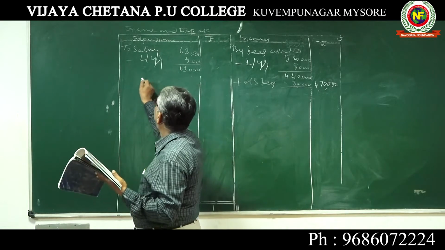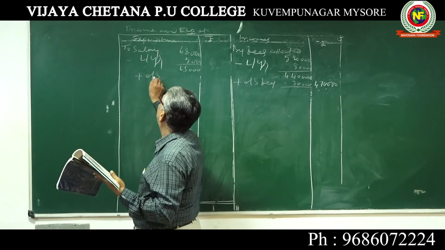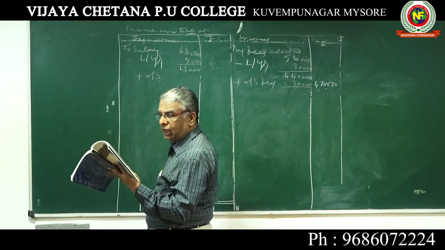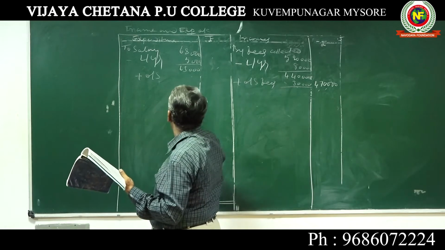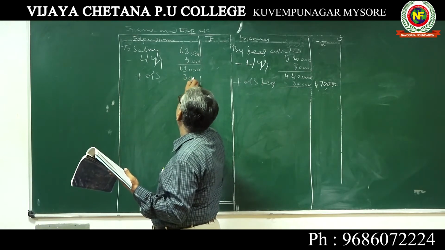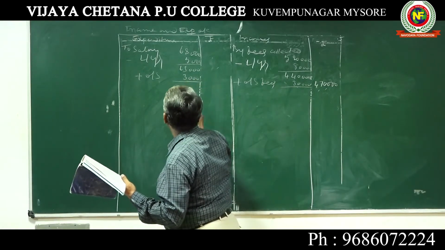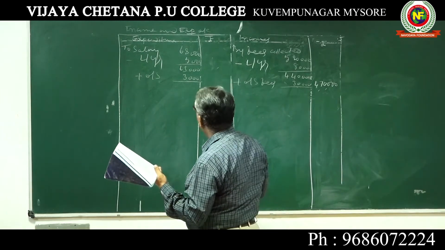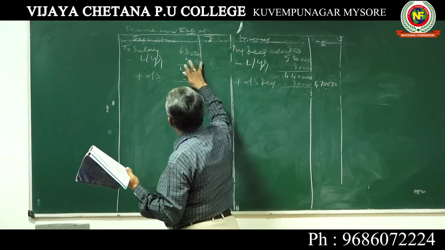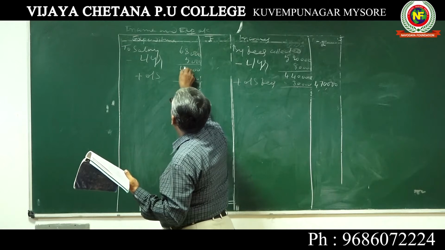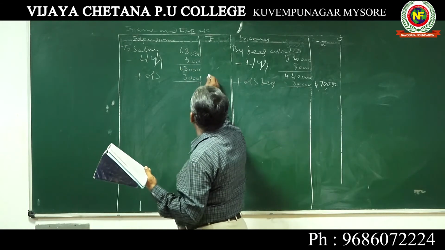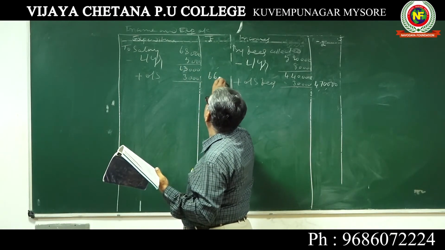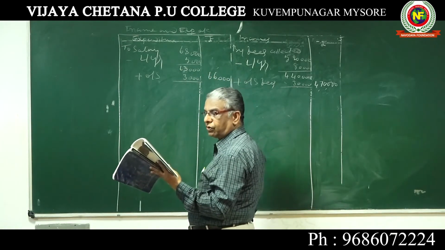And then to this add outstanding salary. Salary outstanding at the end of the year is 3,000. So we have to add this 3,000. Any other adjustments? No adjustments. Total is 63 plus 3, 66,000.